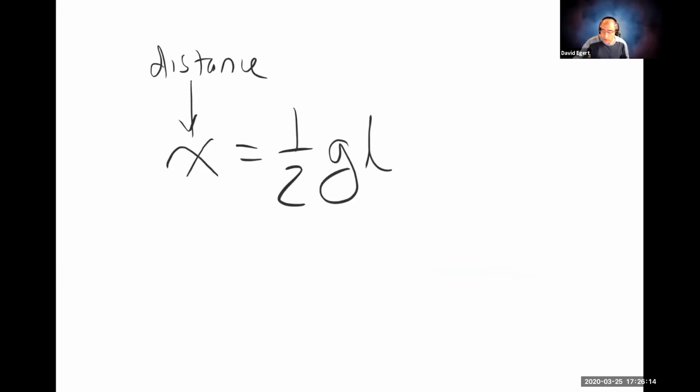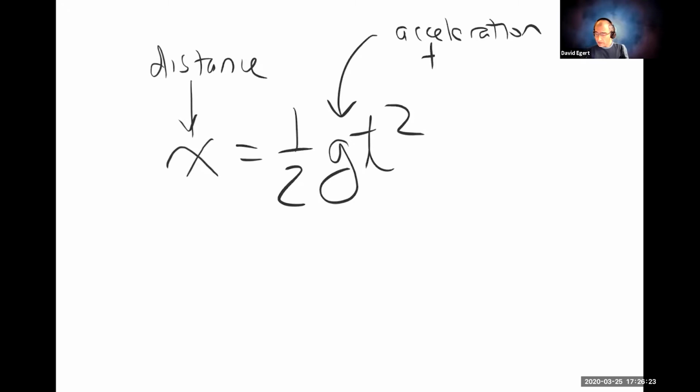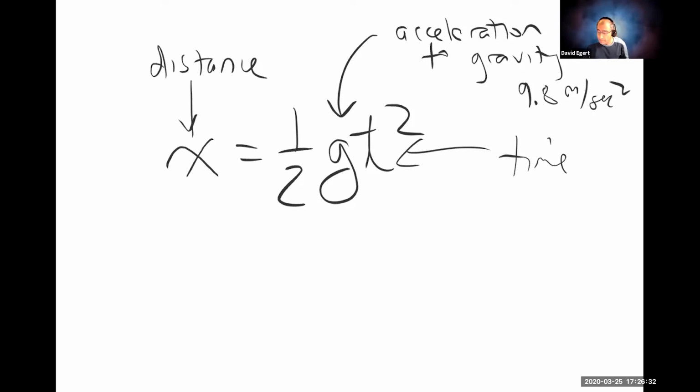In physics, x, which is distance, equals 1/2 g t squared. g is acceleration due to gravity, 9.8 meters per second squared. t is time in seconds. x is distance in meters.